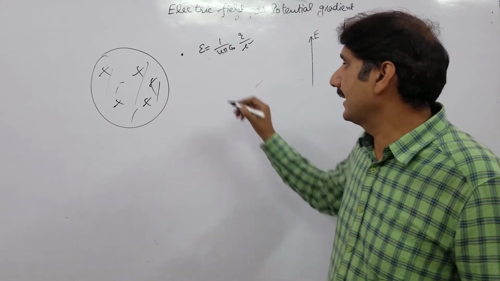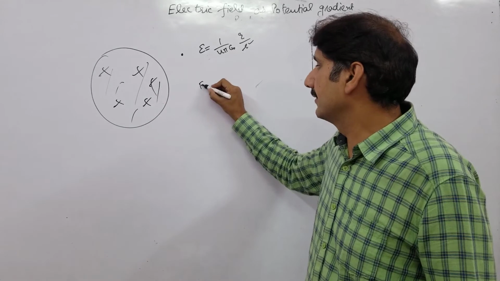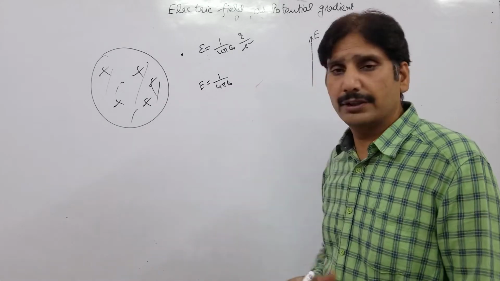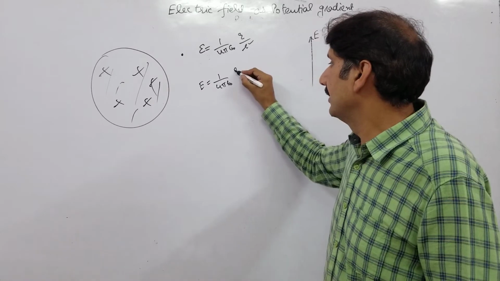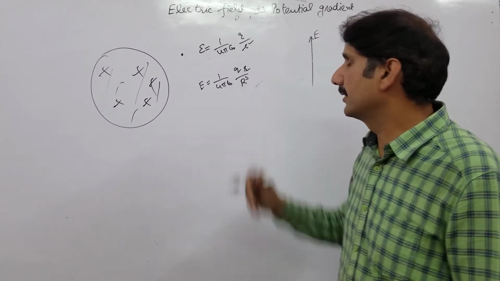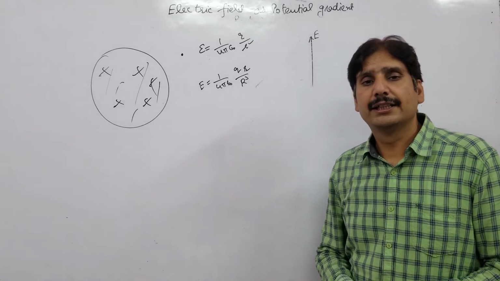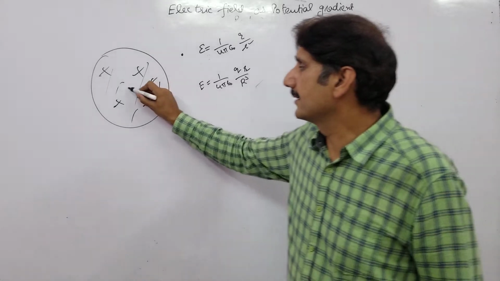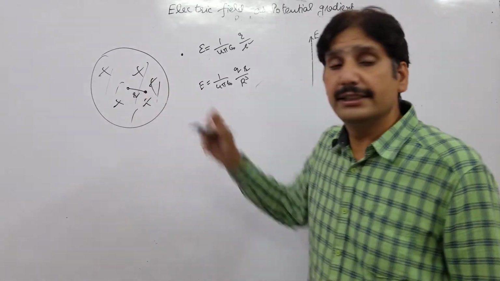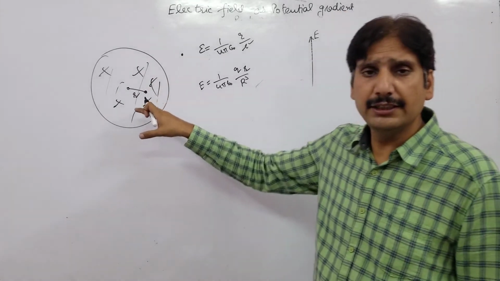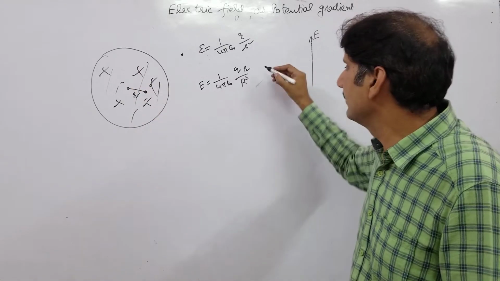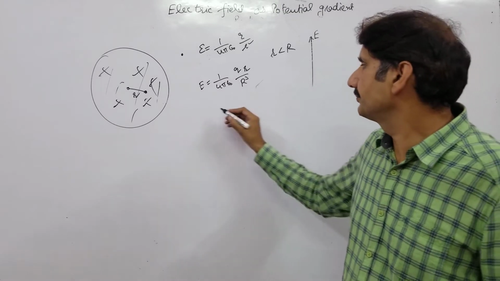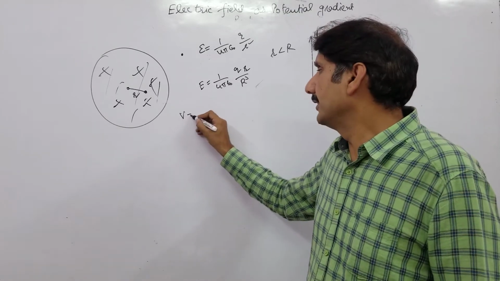But what about inside? Inside, the electric field is given as 1 by 4 pi epsilon naught, if you remember correctly, q r by R cube, where capital R is the radius of this sphere and small r is the distance of the point of observation from the center, inside the sphere. That means small r is less than capital R. How would you integrate it now? Just integrate it to find the potential.